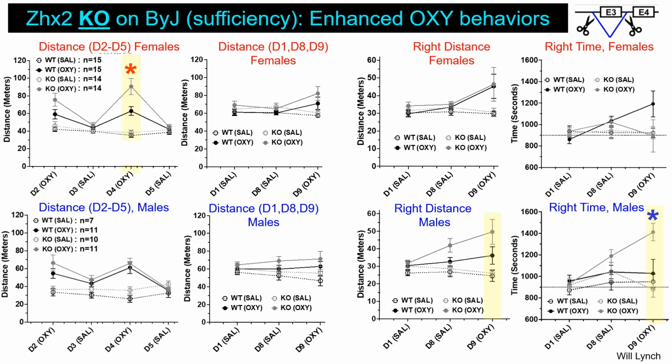So you don't see this on saline days, but you do see it in response to oxy. And this is in the females. In the males, although we don't see any significant differences during locomotor training, what we do see is an increase in preference, state-dependent learning that I talked about earlier, this sort of drug cue-induced reward expression.